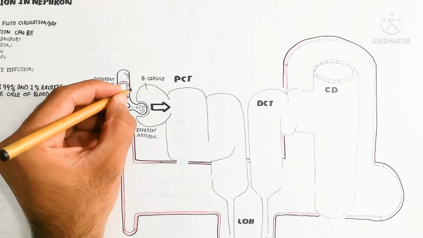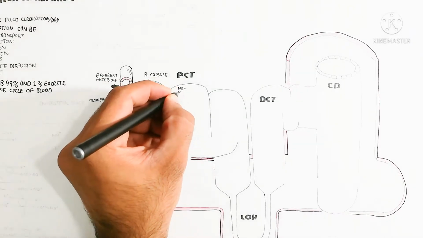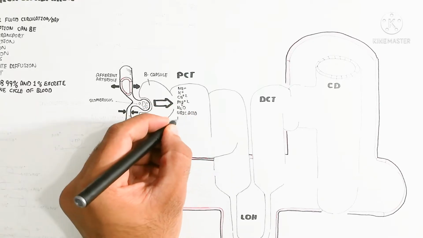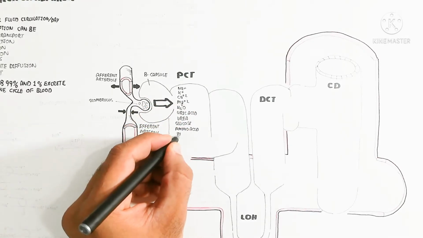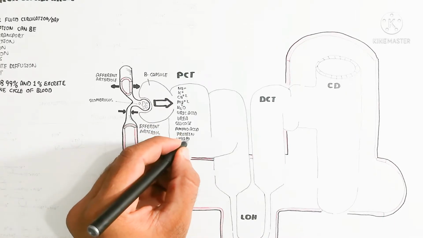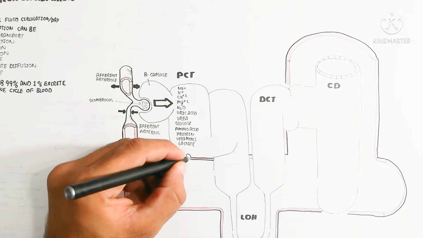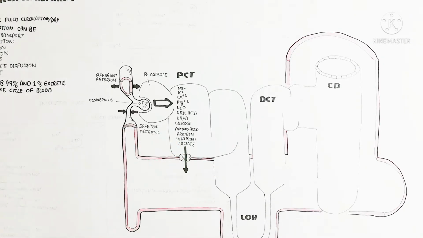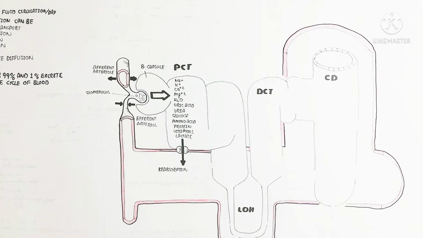After the movement of ions, compounds and molecules, which can be sodium, potassium, calcium, magnesium, water, uric acid, urea, glucose, amino acid, protein, vitamin, and lactate, these can be reabsorbed in the proximal convoluted tubule through facilitated diffusion, direct diffusion, or active transport.